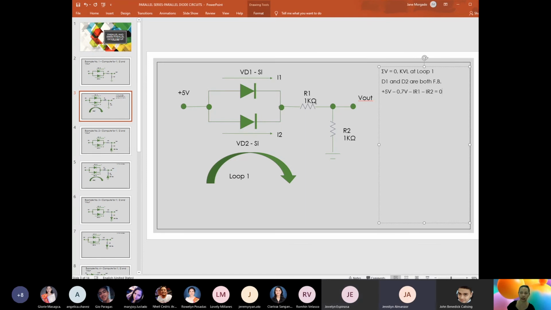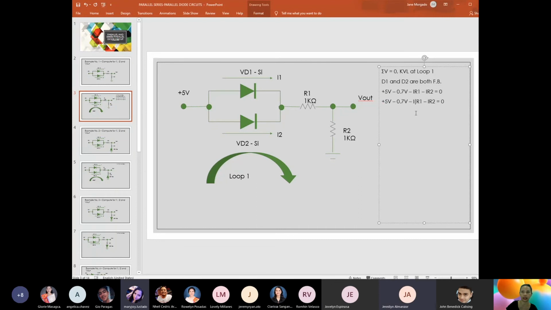So take note that R1 and R2 are connected in, how are R1 and R2 connected? Are they connected in series or in parallel? Series. So take note that R1 and R2 are connected in series. So therefore, ano yung constant kapag series? Current.